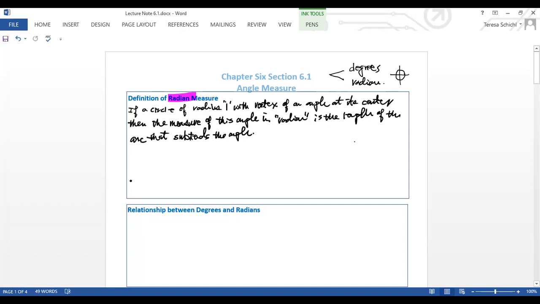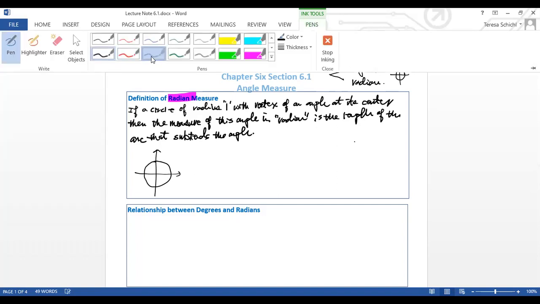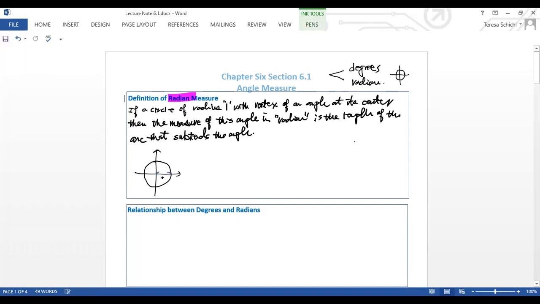So let's take a look at what that means. If I have a unit circle, the radius here is 1. This is the angle theta.